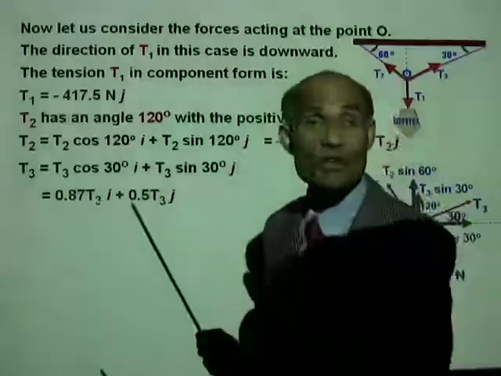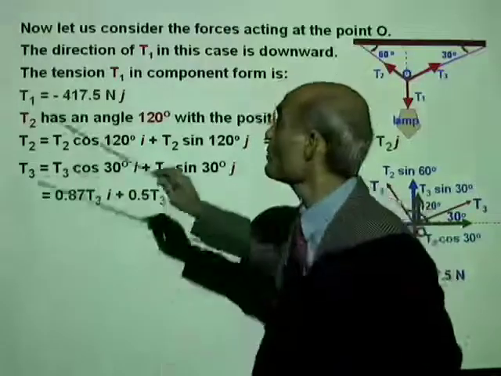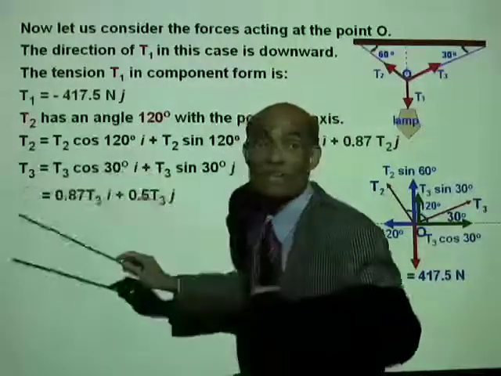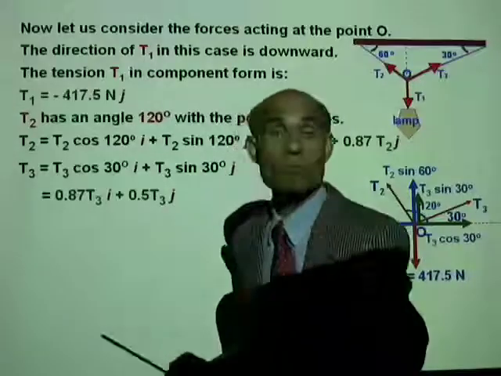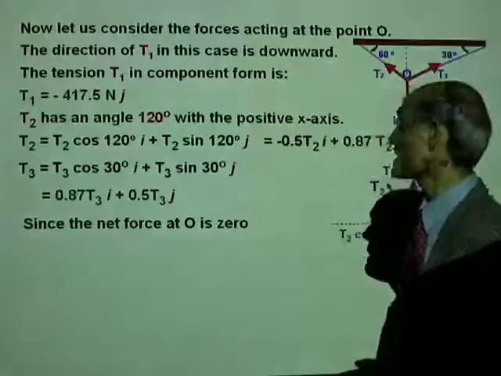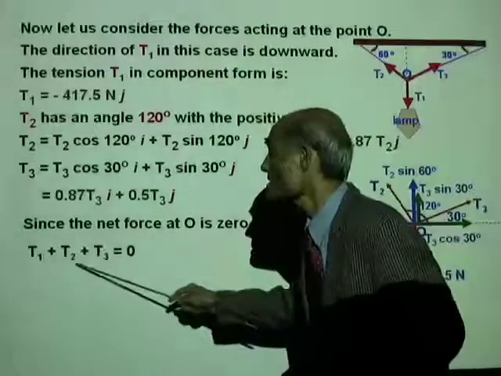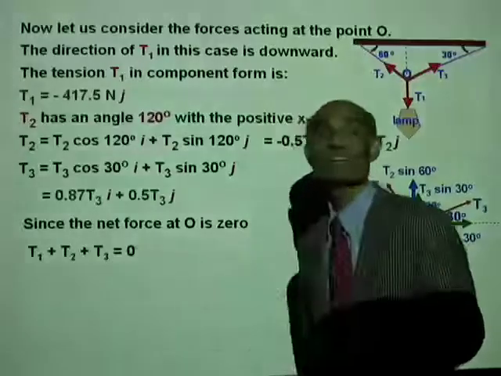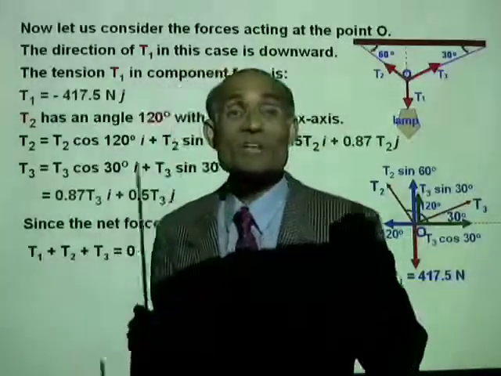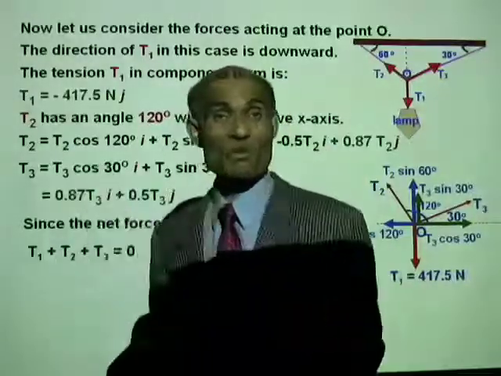Since the net force at that point O is 0, if you add T1 plus T2 plus T3, that net force must be equal to 0. What does that mean? It means if you add the x components, it must be equal to 0.